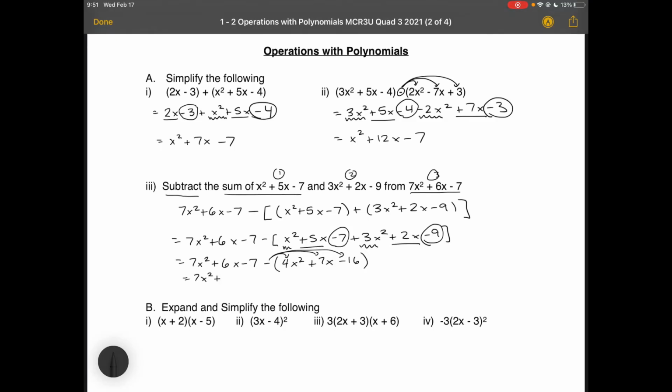So now I've got 7x squared plus 6x minus 7 minus 4x squared minus 7x plus 16. Again, underlining my x squareds, underlining my x's, circling my constants, and combining them all together, I get 3x squared minus x plus 9.